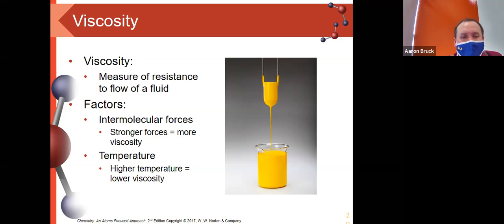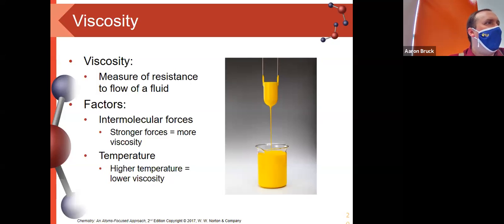And so if I compare, say, water versus maple syrup, which one of those would have a greater viscosity? Syrup.